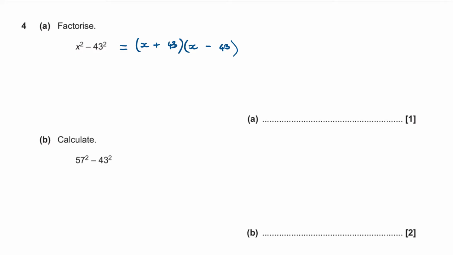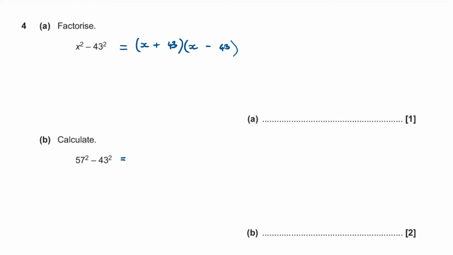Okay, that's that. So calculate 57 squared minus 43 squared. Odd question to do without a calculator, but look, we've just done the difference of 2 squares up here, so perhaps we can use that to help us here. Let's make x 57.